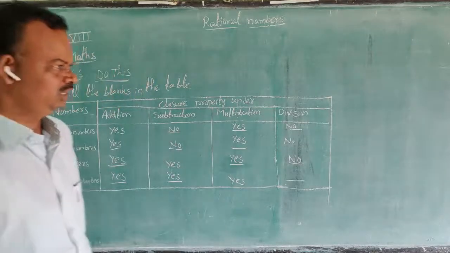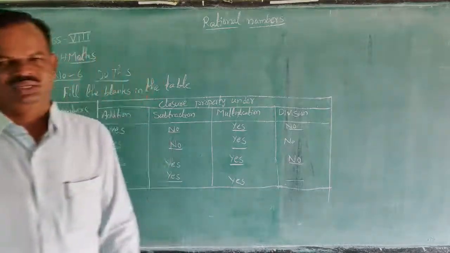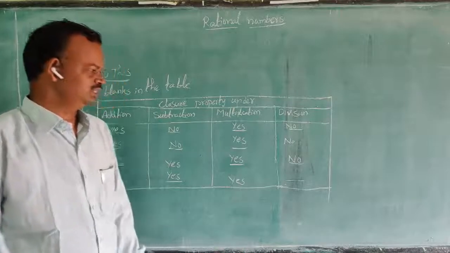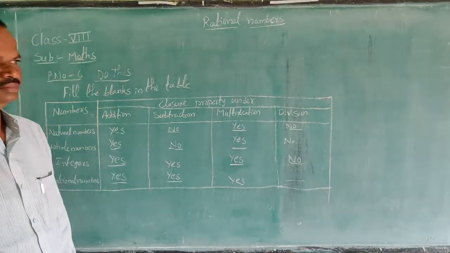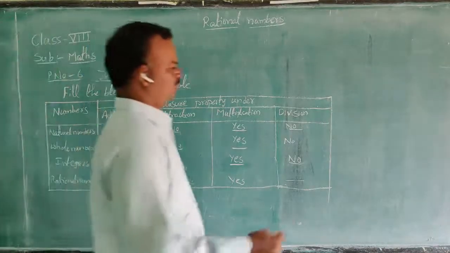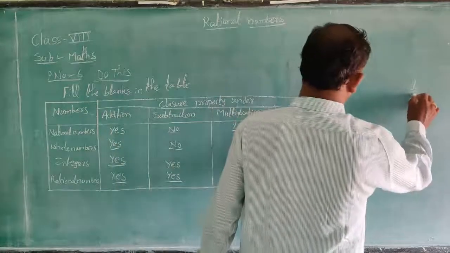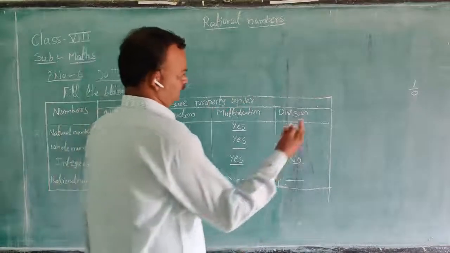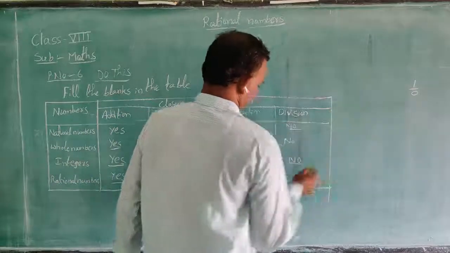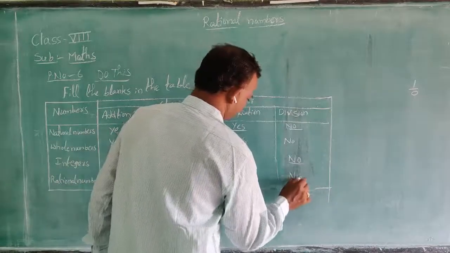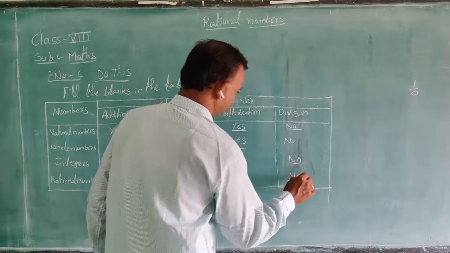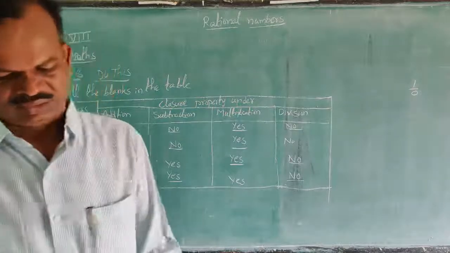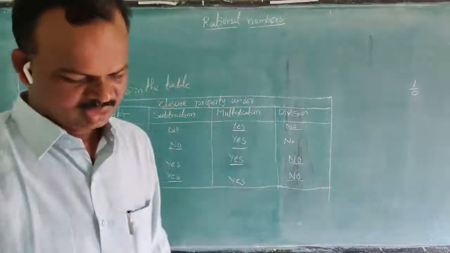Division means 1 by 2, 2 by 5, and also 3 by 6, all are rational numbers, but 1 by 0 is not defined. Anything by 0 is not defined. So for all elements it is not okay. So division is not closed.